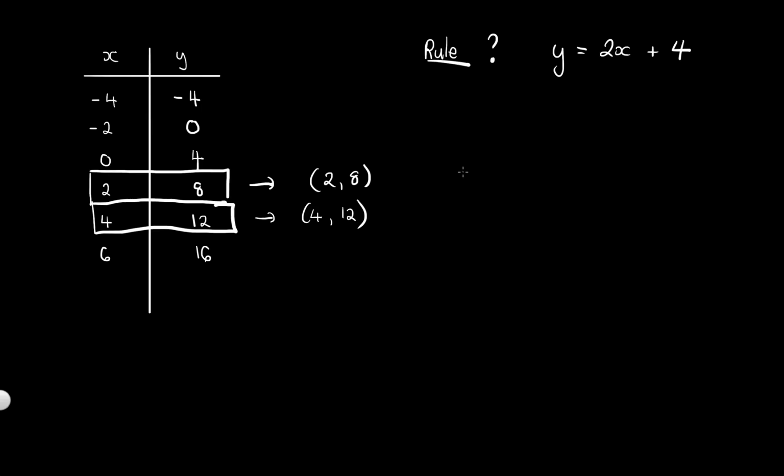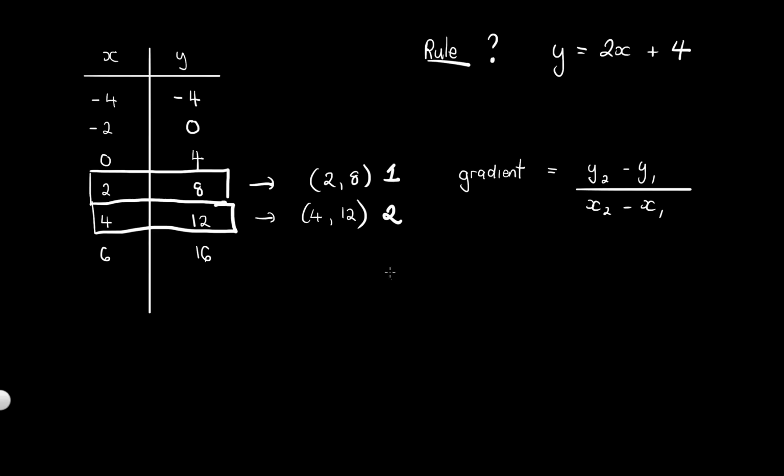To work out the gradient, it equals y2 minus y1 over x2 minus x1. So, all we need is 2 points. Here's our 2 points. I could have picked other points, but I'm choosing these 2 at the moment. So the first step is to call one of the points point 1, and we'll call this one point 2.